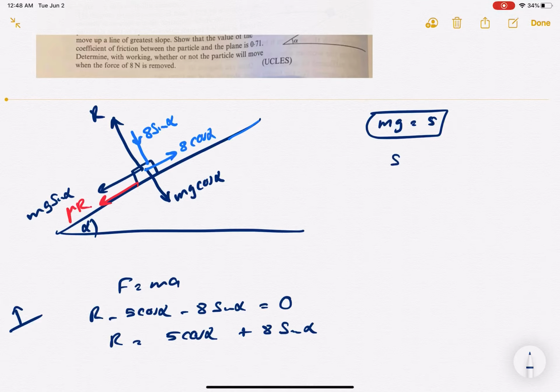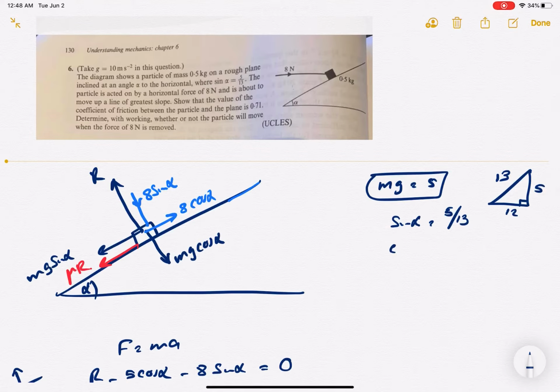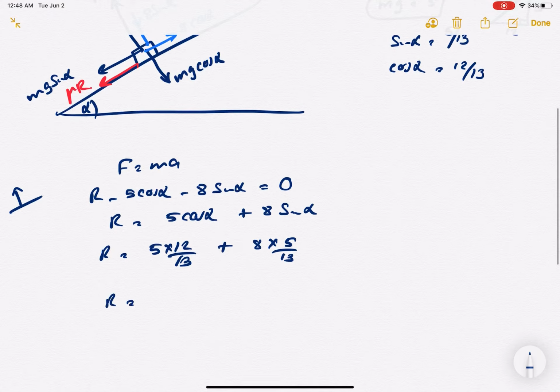Now sine alpha is equal to 5 over 13. If you draw a right angle triangle, this should be 5, this should be 13, so using Pythagoras theorem this should be 12. So cos alpha should be 12 by 13. So R is going to be 5 times 12 by 13 plus 8 times 5 by 13. So R will be 60 plus 40, that's going to be 100 over 13 newtons. Right, so that's my R.